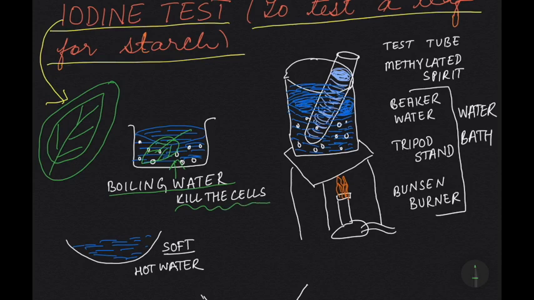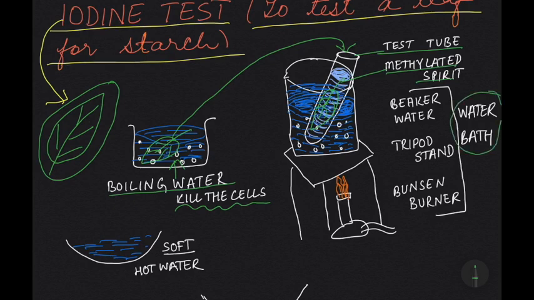Now remove that leaf from the boiling water and put it inside a test tube which contains methylated spirit. This test tube with methylated spirit is placed in a water bath.